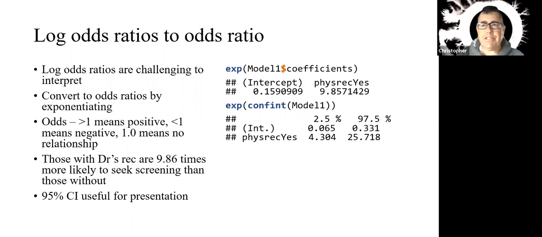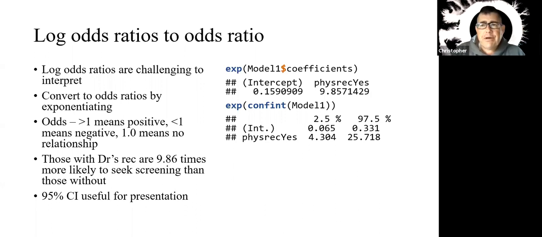And that's relatively easy to accomplish. The EXP function here, we just run that on our model, on the coefficients from our model. And we can see that we get a value of 9.86 now. What does that tell us? It tells us that people with doctor's recommendations are 9.86 times more likely to seek screening than those without them. So a pretty substantial difference there.